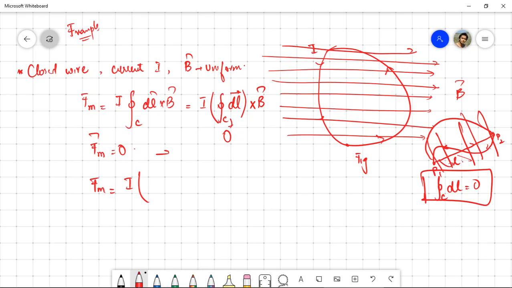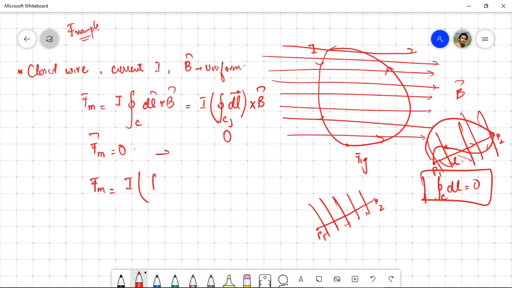If the current is moving from point 1 to point 2, he is not saying that it comes back from point 2 to point 1 through any other path. He is only asking that if this is the path from point 1 to point 2, and there is a current flowing from point 1 to point 2 in a magnetic field in which this conductor is placed, calculate the value of Fm applied on this conductor as a result of the movement of this current.